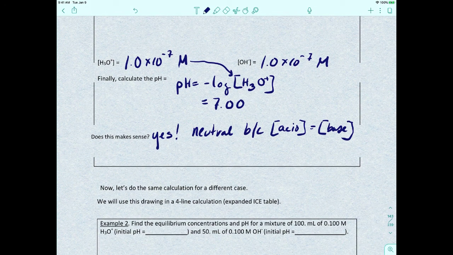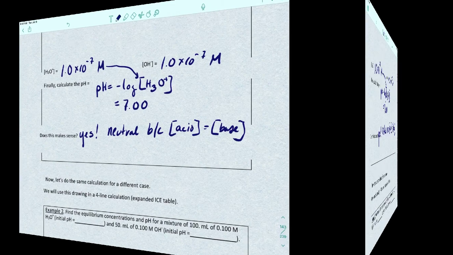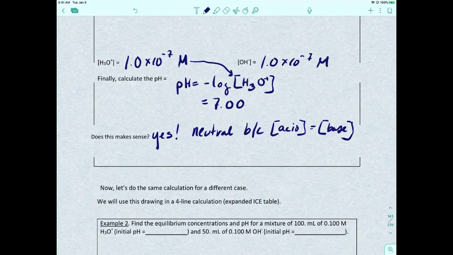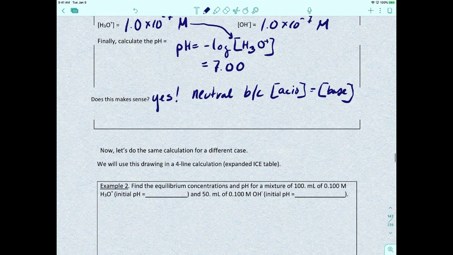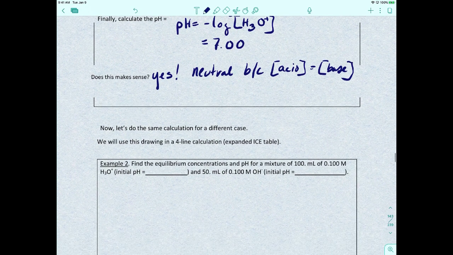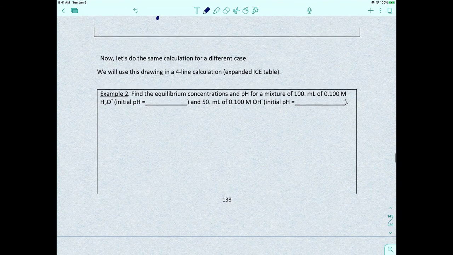But that's it. So that's the 4-line method. So let's try another problem. This time we're going to change it so that the concentration of the acid is not equal to the base. What happens when it looks like we're at another point within the titration? So here it is.